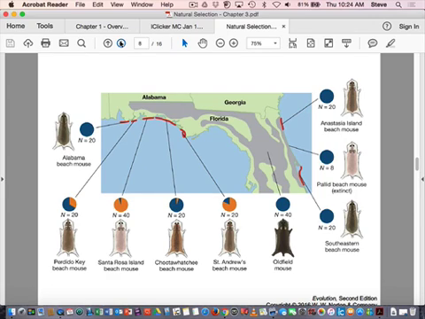I'm not going to go through the phylogenetic tree, but she actually did a phylogeny based on DNA sequence data, and it turns out all of these mouse beach populations arose. All of these populations here, and I think these two over here, all share a common ancestor. So remember how we showed that tree?